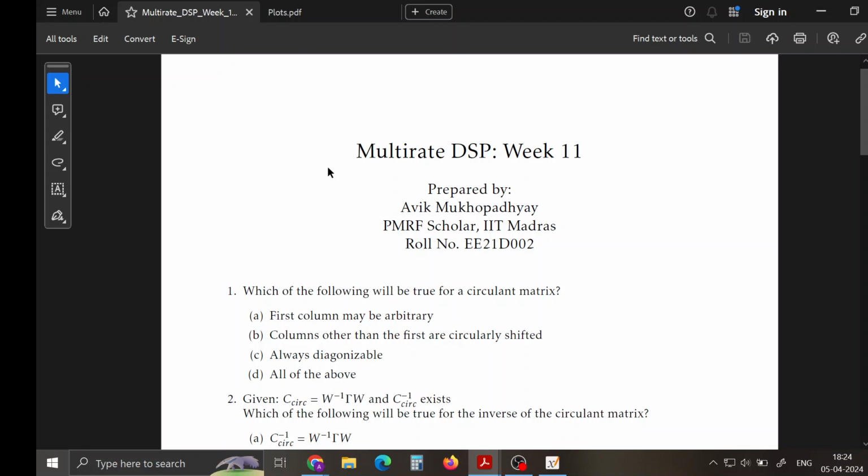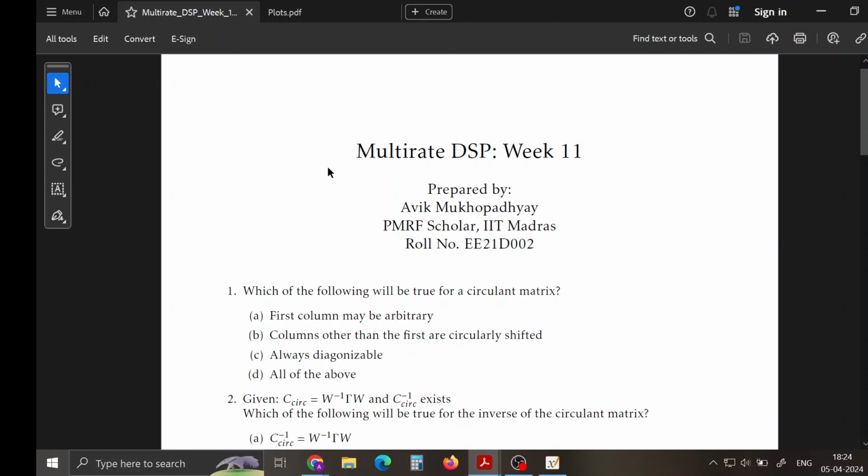Each element of the first column gets shifted downwards by one place, and it's a circular shift, meaning that the last element of the first column now comes back to the first element in the second column. So that's why it's a circular shift. Similar thing happens for the successive columns as well.